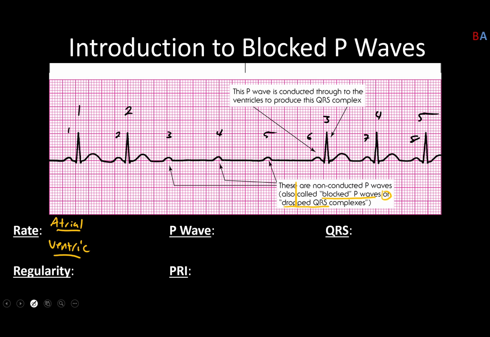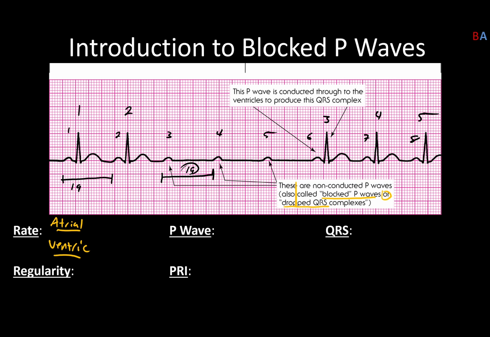I'm actually going to get our measurements on here as well from P to P. This is 19. And because we have the dropped ones, it's always a good idea to see, does that maintain, or is there something else going on? So we'll measure from the start of this one to this one over here, and basically wind up with 19 again, and so on and so forth. If you went through and did all of these, they all come out to 19. It's actually completely perfect every time.